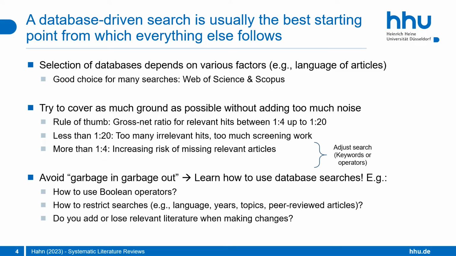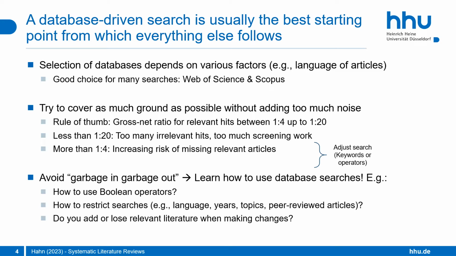But as a rule of thumb, the gross to net ratio for your hits: the gross number would be the total hits that your database search comes up with, and the net number of articles is those articles from the gross number that are really relevant specifically for your topic that you want to do research on.